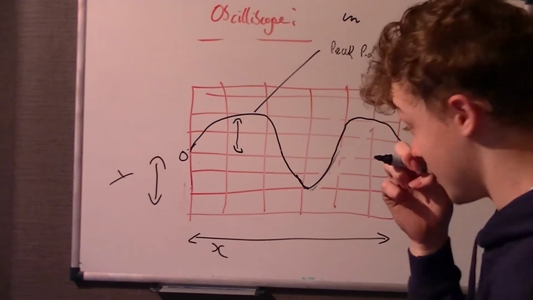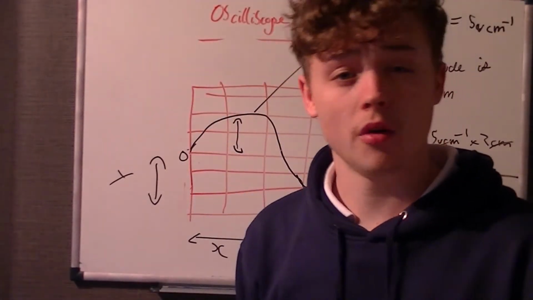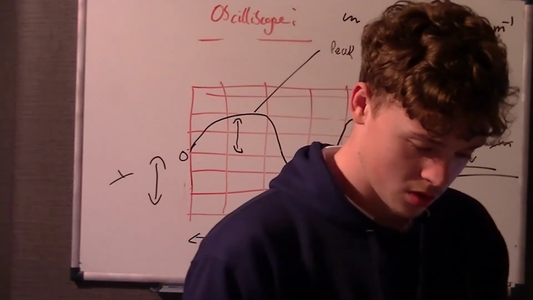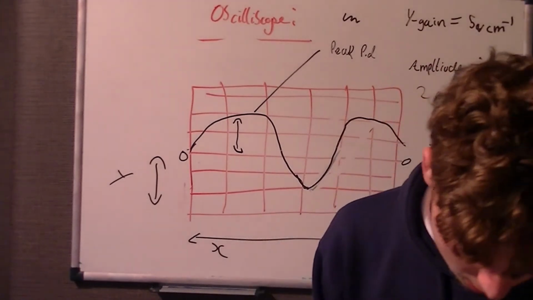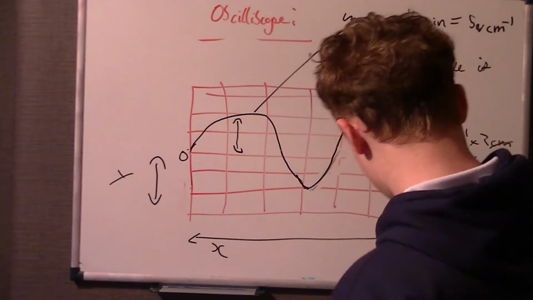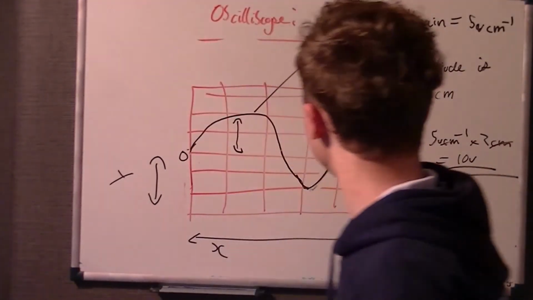And that's our peak potential difference. Now if you wanted to know the root mean square of the potential difference, you just do 10 volts over root 2, and that would give you the root mean squared value. But I don't think we need to work that one out. And I think that's all you need to know.